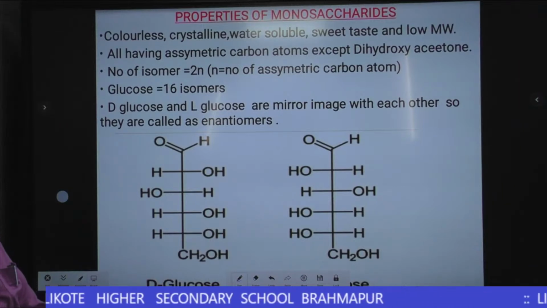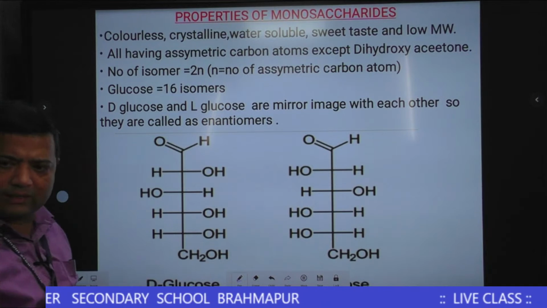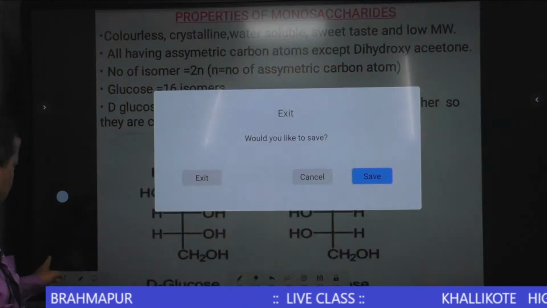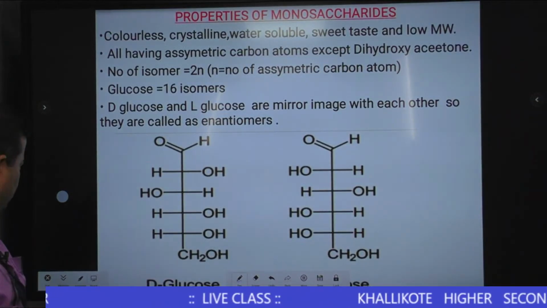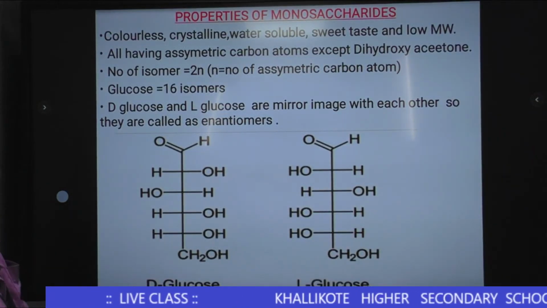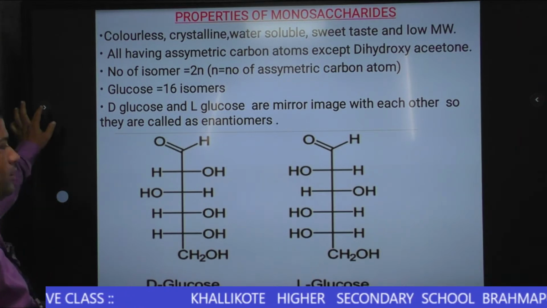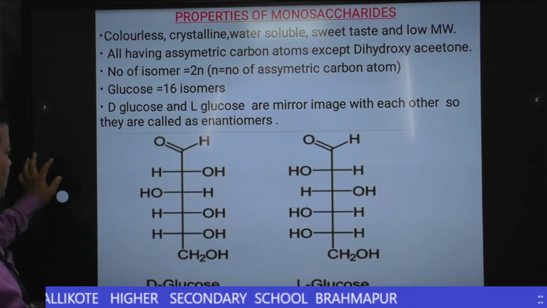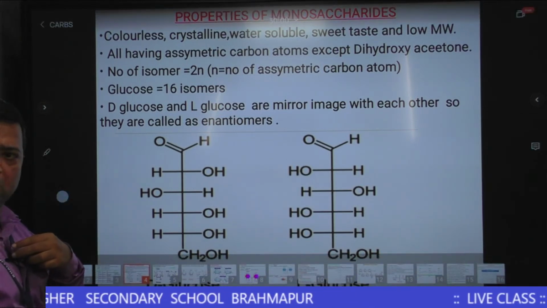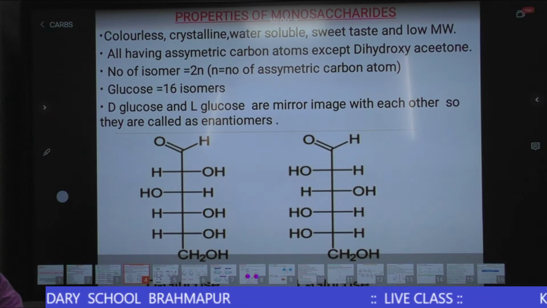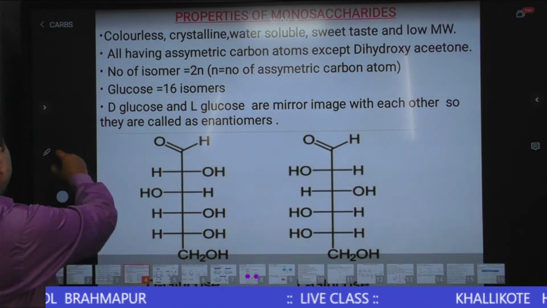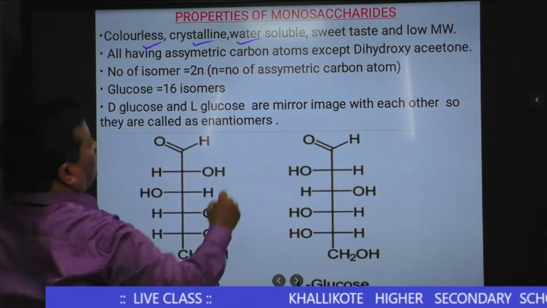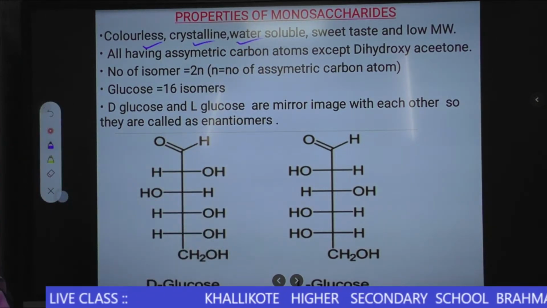Colorless, crystalline, water soluble, sweet taste, and low molecular weight.